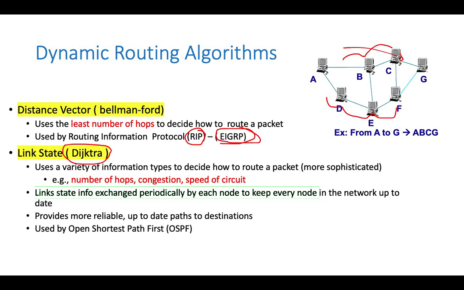Alright, what about Dijkstra? Dijkstra is not. Dijkstra involves multiple metrics: the number of routers or hops, congestion, the speed of circuits, the bandwidth, the delay, the latency, many factors, which is much more sophisticated.